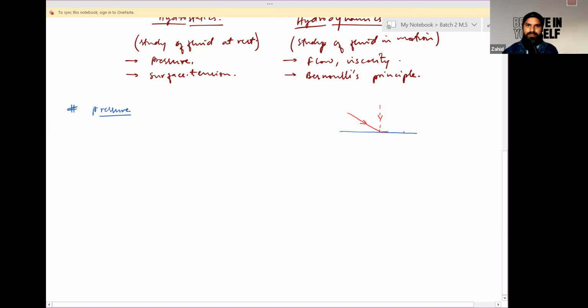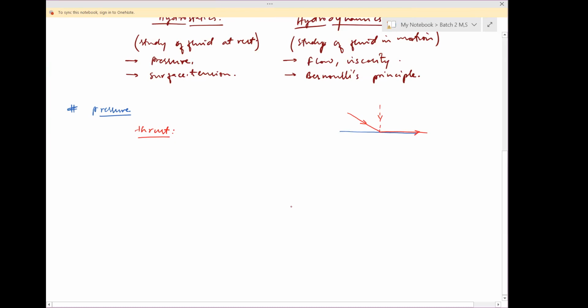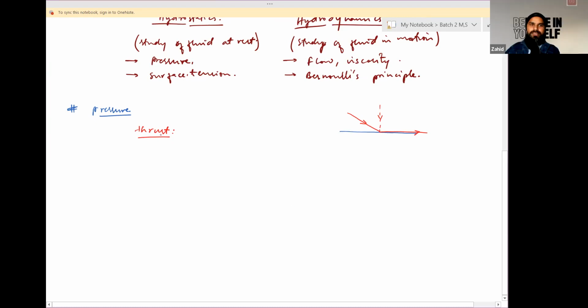Then there may be one along this direction and so on. So there is a term which is called thrust. Mariam, do you have any idea what you mean by thrust? The perpendicular force acting on an object. Good. So thrust is the force which is perpendicular to that surface.